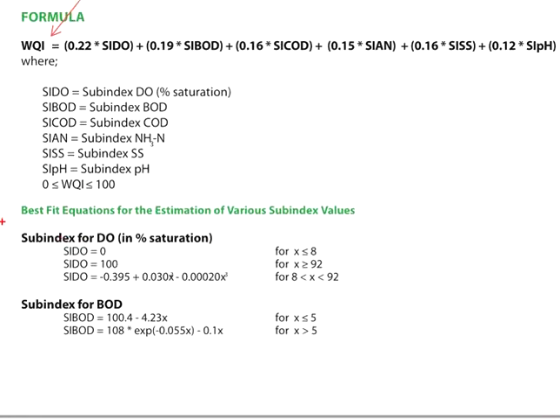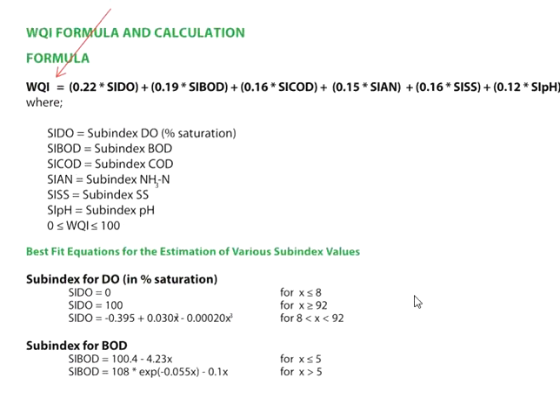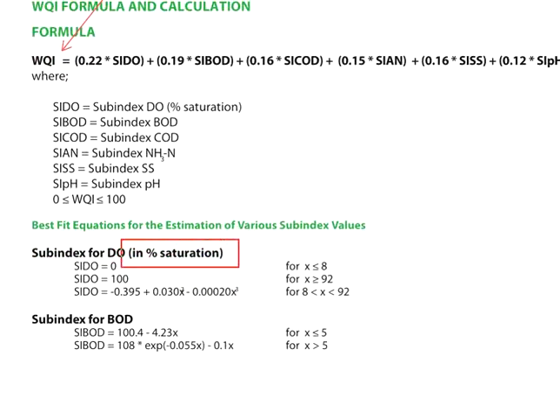Taking the sub-index for the DO, which is SIDO here. DO stands for the dissolved oxygen. It is quantified on the basis of the percentage of saturations. For the percentage of the saturations that you acquire from a water sample that will represent the X value, you will need to refer to the subcategory here.